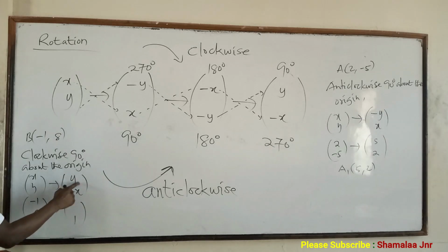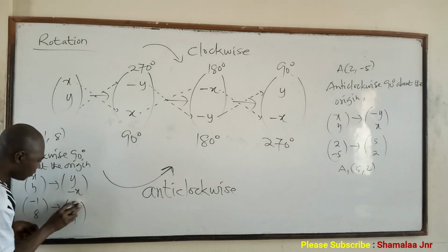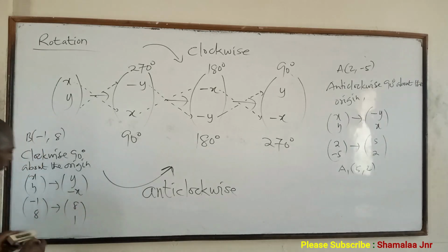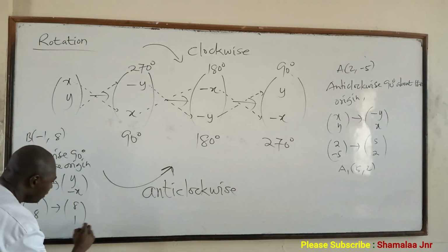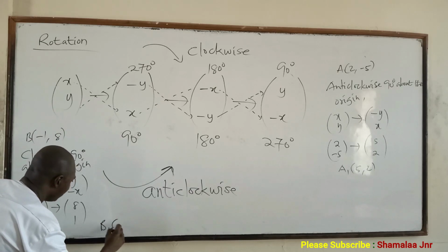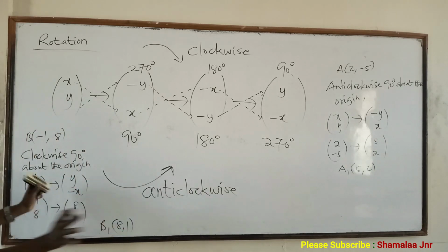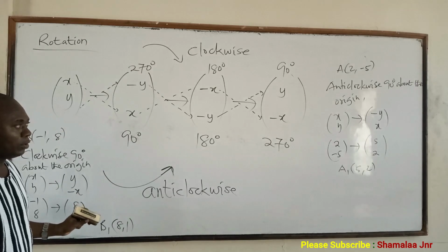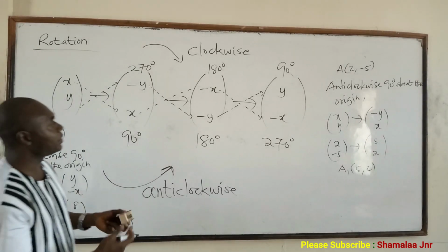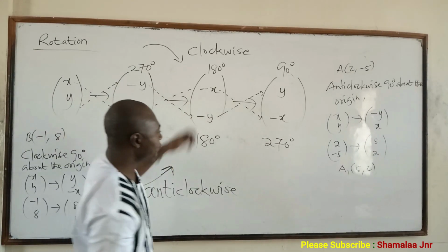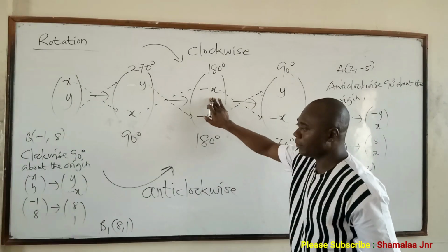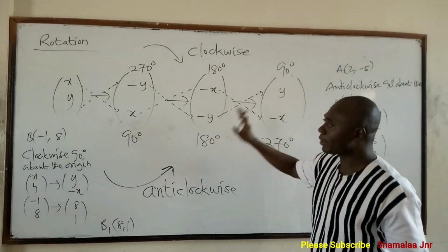Y has gone up here. It has no change. So I'll just take 8 and place it here without changing it. So this one, the image, if it is B1, will be (8, 1). Then just go and plot it when you are asked to do so. Are you seeing it? If it is 180 degrees, then it will be this one. Use this formula. It is not difficult at all, viewers.